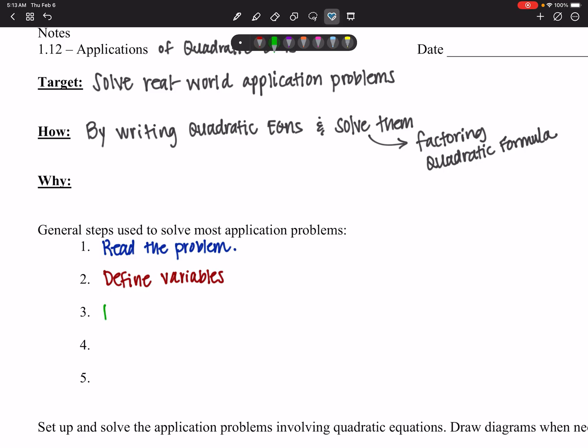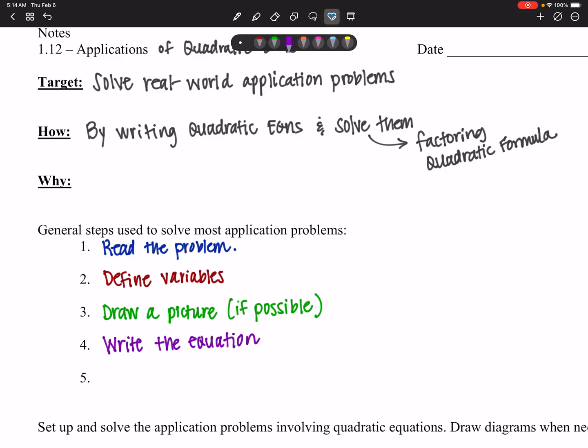And I find that drawing a picture gives me a visual that can help me decide how to write that equation. So if it's possible, it's not always possible, but if it's possible, I'm going to draw a picture. Then we're going to write the equation or equations for the problem.